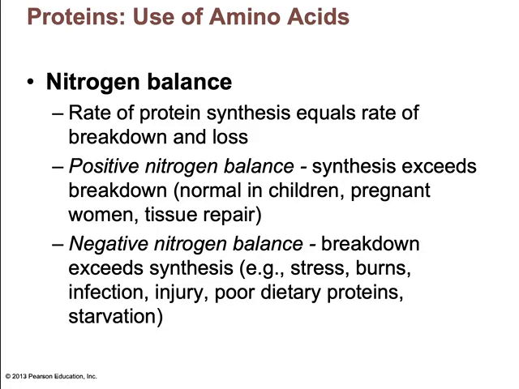In a positive nitrogen balance, synthesis exceeds breakdown, and we see that in young children who are growing, okay, in pregnant women because they have the baby that's growing, and we see this in tissue repair, such as, let's say you have a burn or an abrasion, or you're recovering from trauma, okay. A negative nitrogen balance is where breakdown exceeds synthesis. Examples include stress, infection, injury, poor dietary protein, or a starvation scenario.